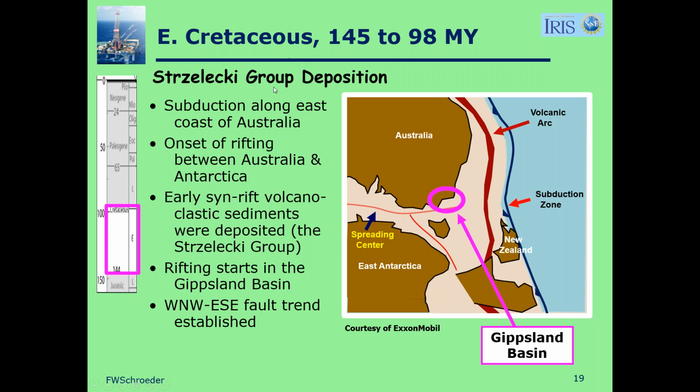So in the early Cretaceous, we had deposited the Strzelecki group. You don't have to worry about all these terms or how to say them or how to spell them. These are the earliest part of the syn-rift deposits, largely clastic sediments with some volcaniclastics mixed in with that. It marks the initiation, or the start, of rifting.